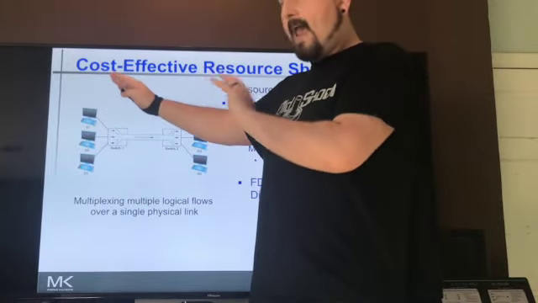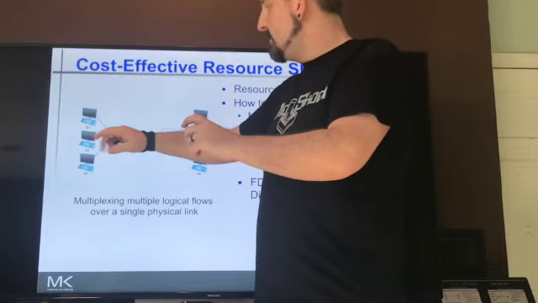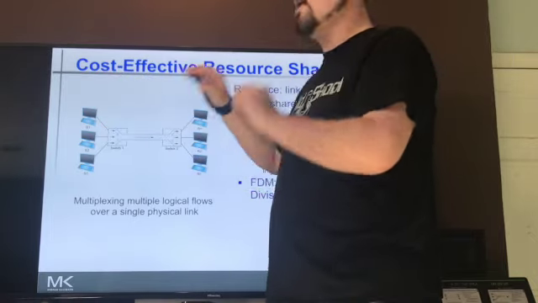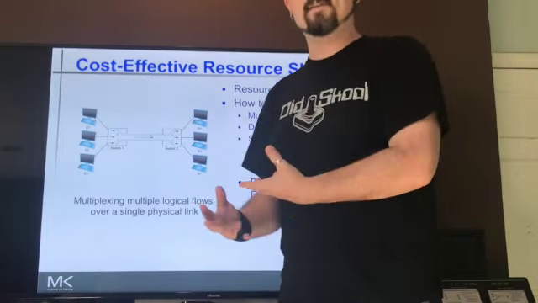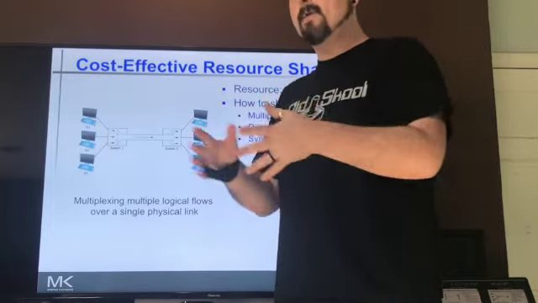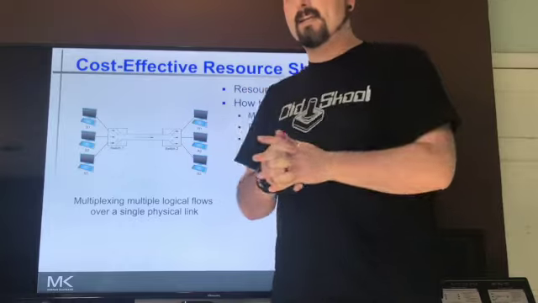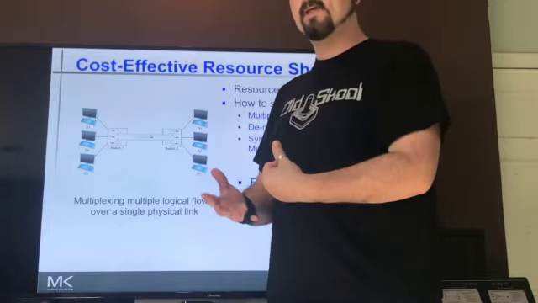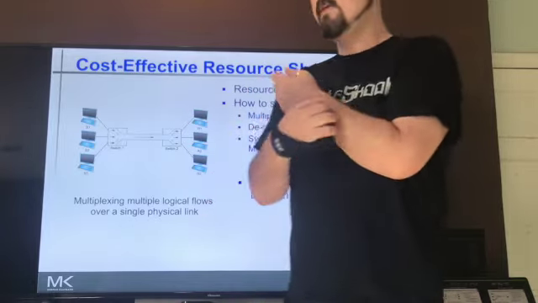After that time slice is up, it moves to the next machine and gives that machine 100% access to that link. It keeps going, and it should do it in a fair manner, giving each machine in the entire network a time slice, and then it starts over again.